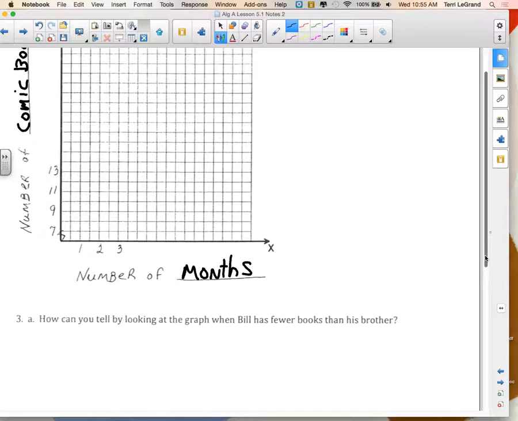Every grid line is 2 months. Is every grid line 1 month? Every other grid line is 1 month. Yeah, every other is, so every grid line is actually half a month, isn't it? Yeah, so half a month, a month and a half. So we got to talk about the scale. I only started labeling the whole number of months, but the actual scale on it is going by half months.